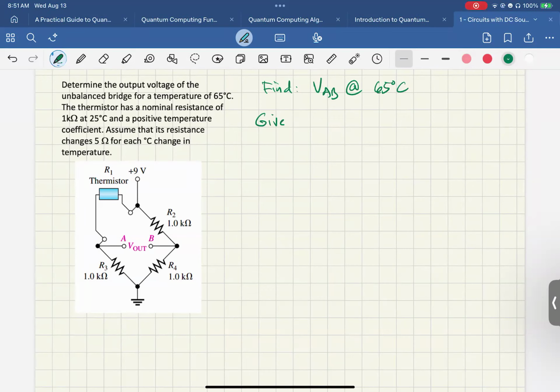The given here is that at 25 degrees Celsius, the thermistor has a resistance of 1 kilo ohm, and the bridge is balanced. So VAB is equal to 0 in that case.